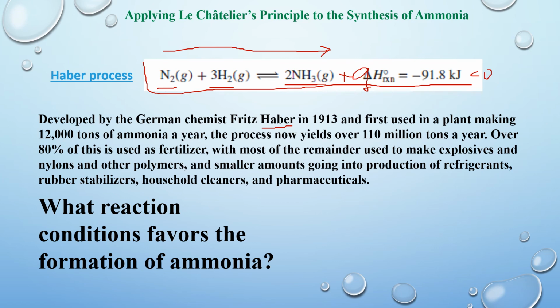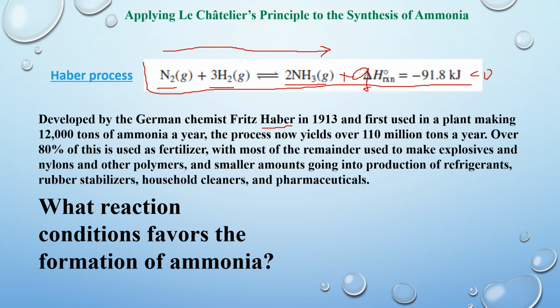So first, let's consider it from the perspective of a change of concentration. If we want to enhance the formation of ammonia, first what we can do is remove ammonia, or take it away as it forms.